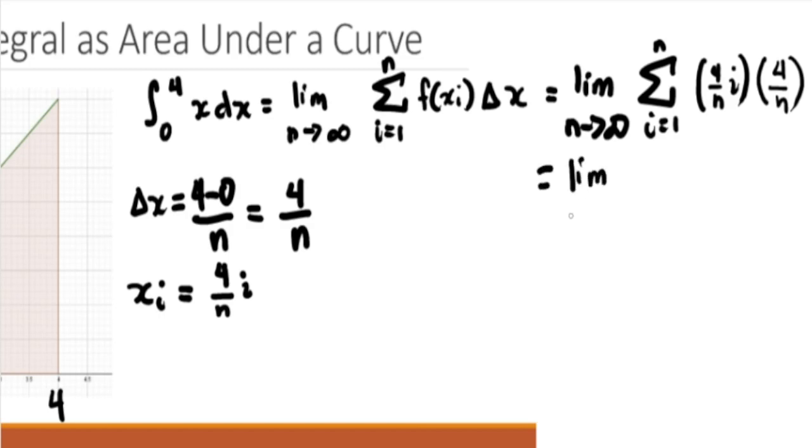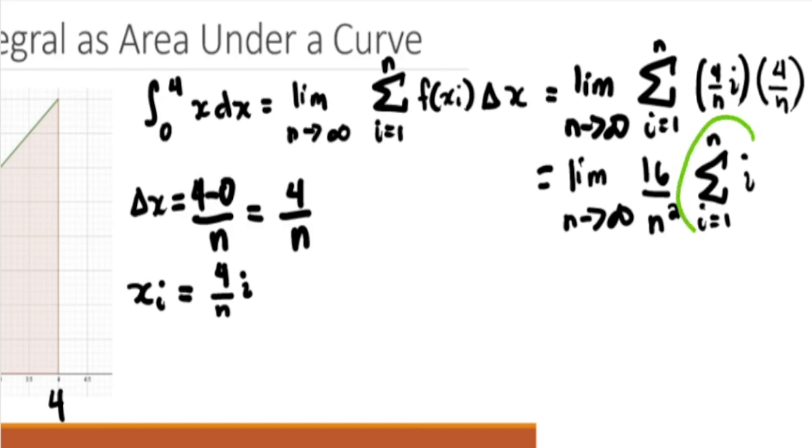This is the limit as n approaches infinity. Ilalabas natin tong 4 over n na to. Saka ito pang isang 4 over n. So, in turn, magkakaroon tayo ng 16 over n squared. Ang summation ay from 1 to n ng i.